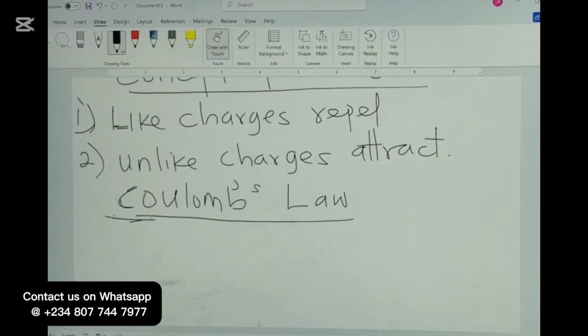Now let's know what Coulomb's law is before we solve a question here.